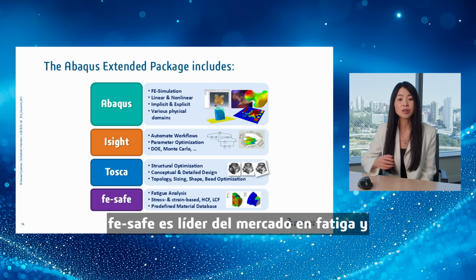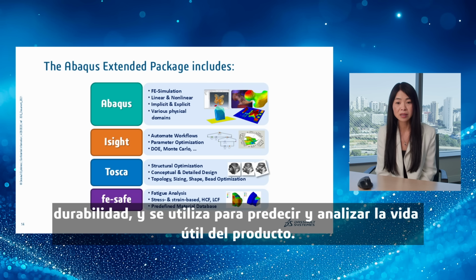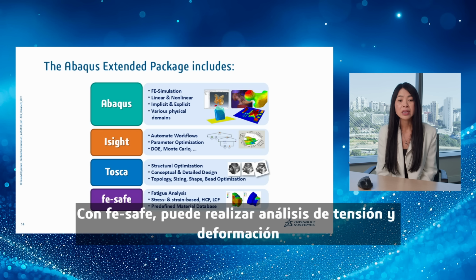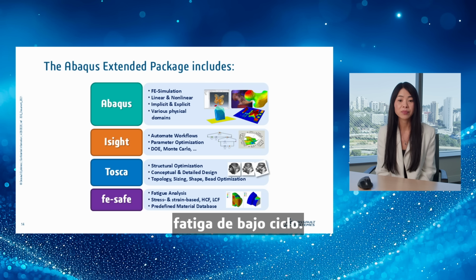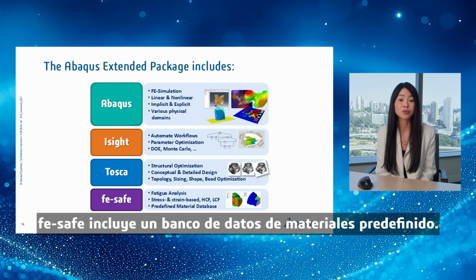FE-SAFE is the market leader for fatigue and durability to predict and analyze product life. With FE-SAFE, you can perform stress and strain-based fatigue, so run high cycle fatigue and low cycle fatigue. FE-SAFE comes with a predefined material database.